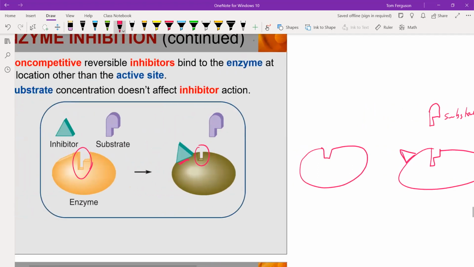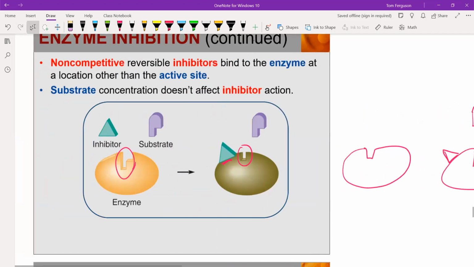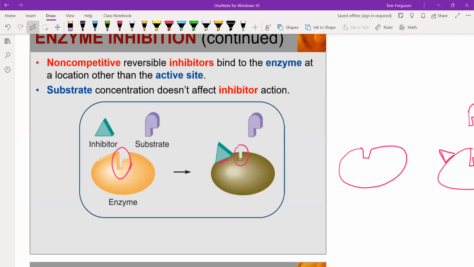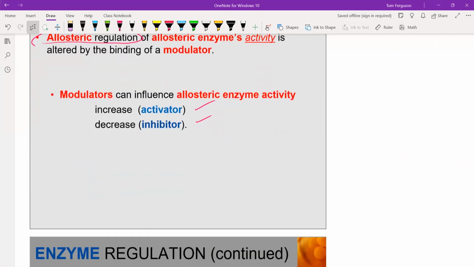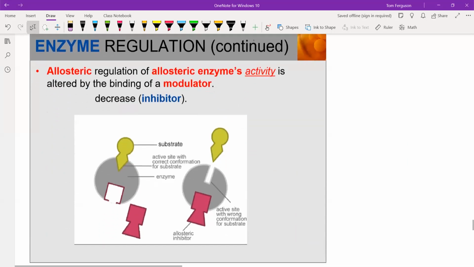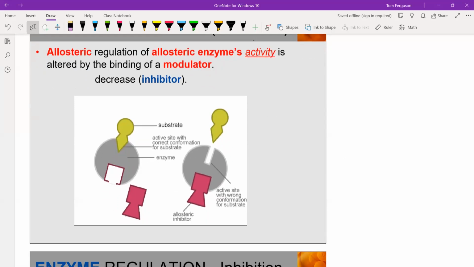Or it changes it so the substrate doesn't fit in it. So one can be an inhibitor, one can be an activator. That's what this diagram is showing.